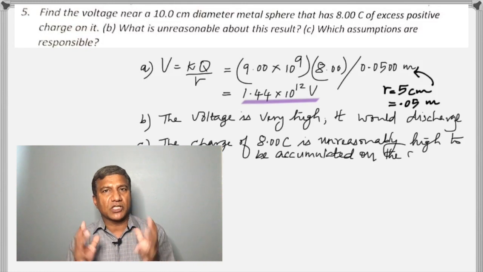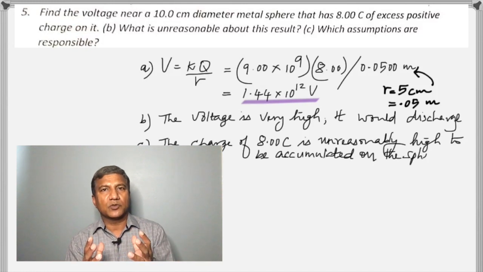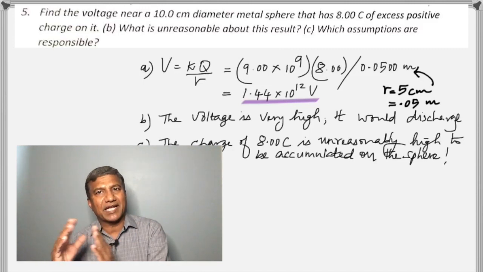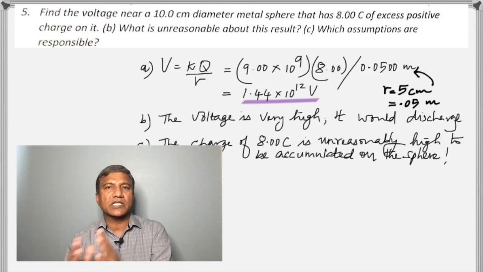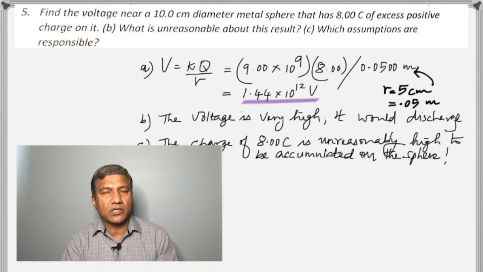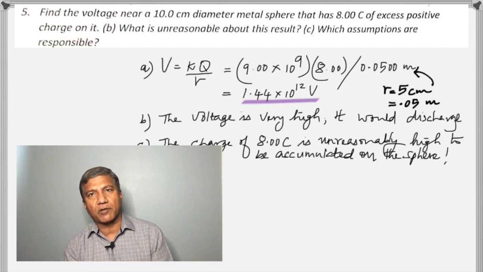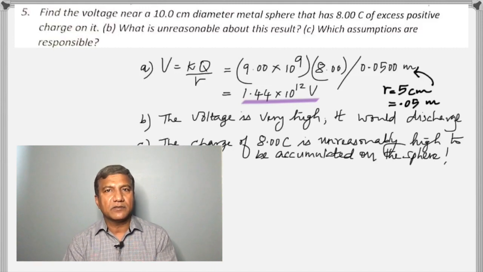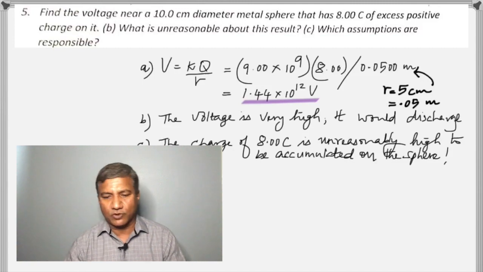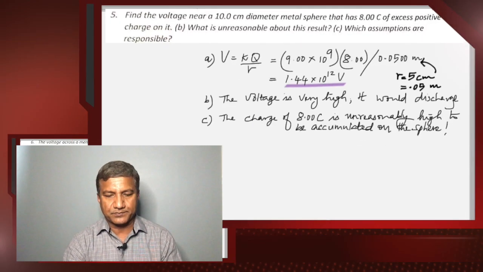So there is a particular limit to which a sphere or any object can hold a charge. And that's where the idea of capacitors comes in later. Because in a capacitor, we are trying to make it in such a way that it could hold a bigger charge without discharging. So that's the idea of a capacitor. We'll get there in about maybe 3 or more problems.